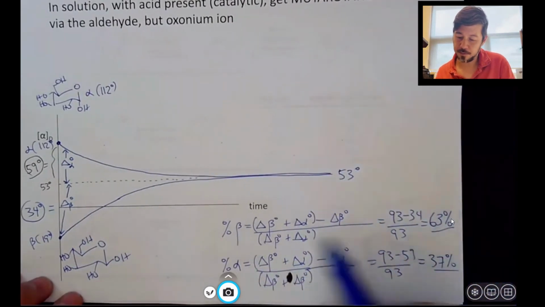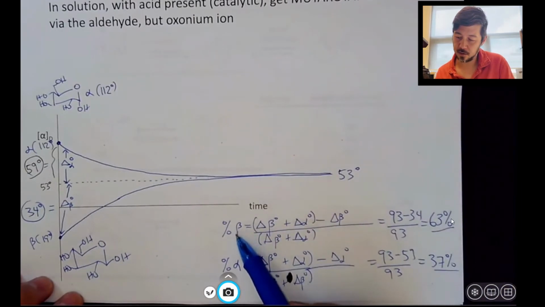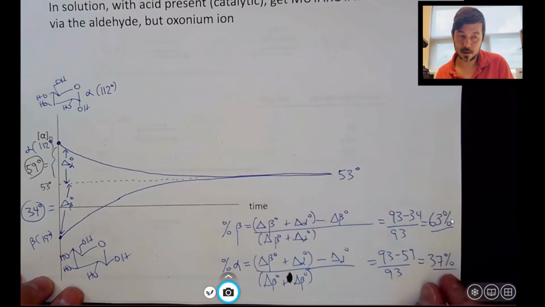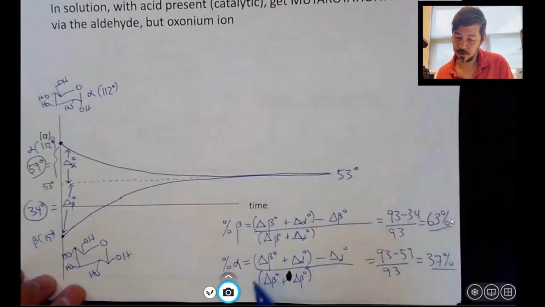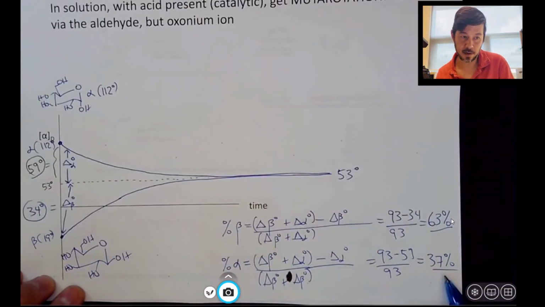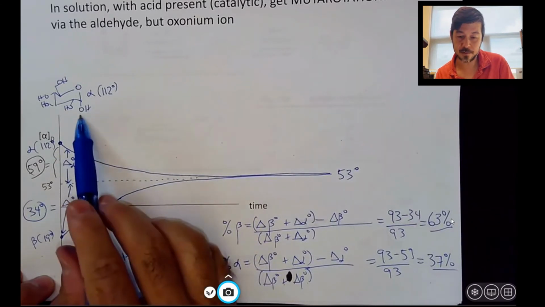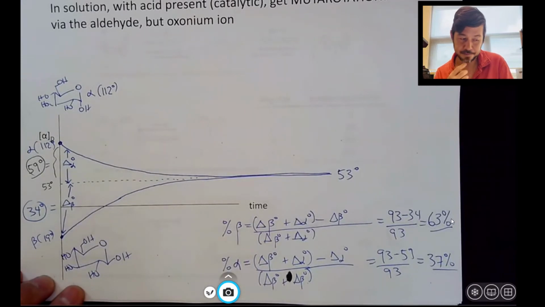So it looks like our beta anomer, instead of being 100%, is now 63%, and our alpha anomer, which started at 100%, is now 37%. So the beta one is in excess, and you might say it makes sense because this OH group is equatorial, whereas over here it is axial.